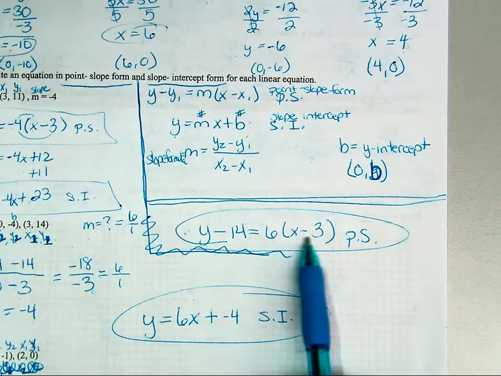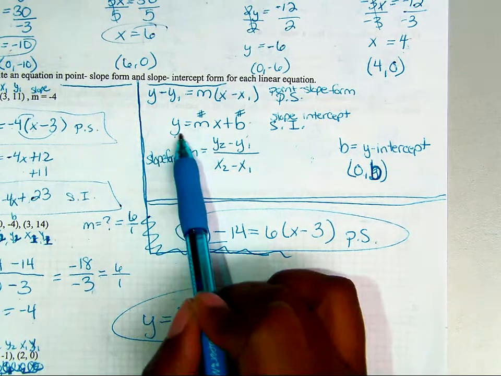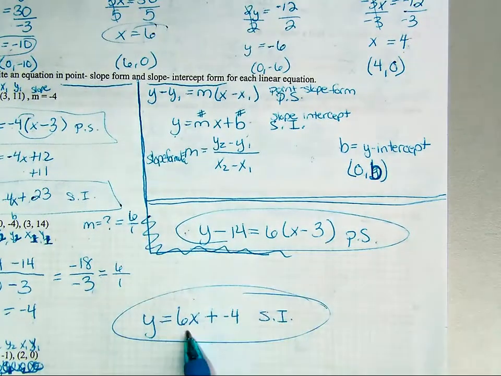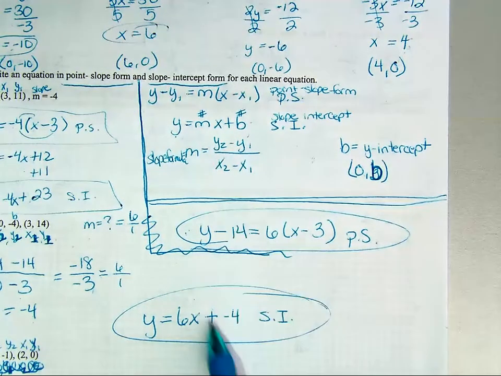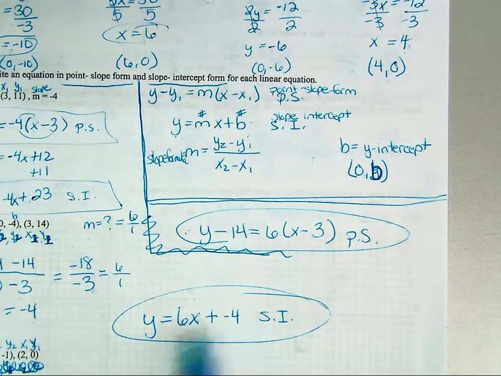That's point slope form. Slope intercept, y equals M is 6, x plus B. Oh, I actually know what B is. B is negative 4. I didn't even have to do any work, just plugged in.